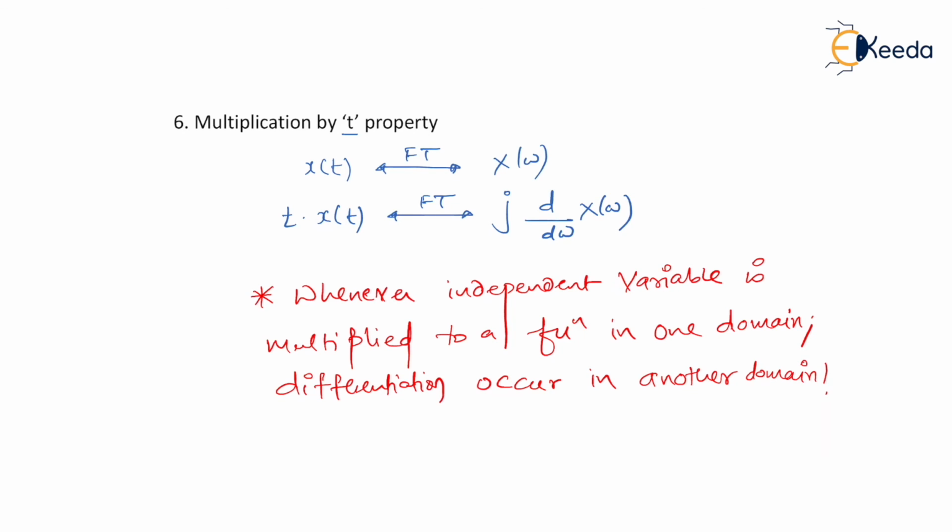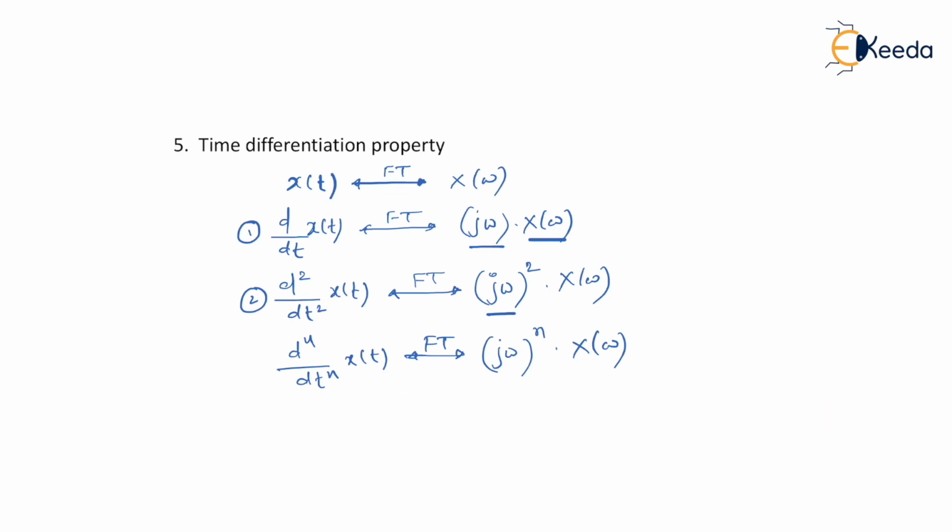Understand what I'm trying to tell you. The left hand side is your time domain, and the independent variable is t. Now you are multiplying the function with the independent variable, and in the other domain differentiation happened. The same thing we can confirm from the previous property also. Here we have the frequency domain, and omega is your independent variable.